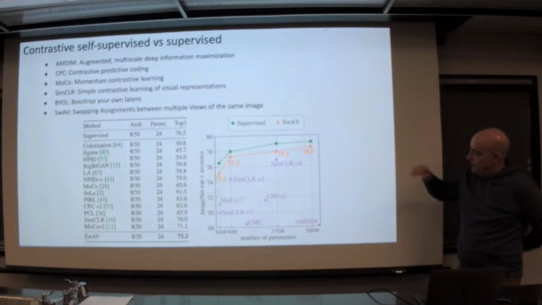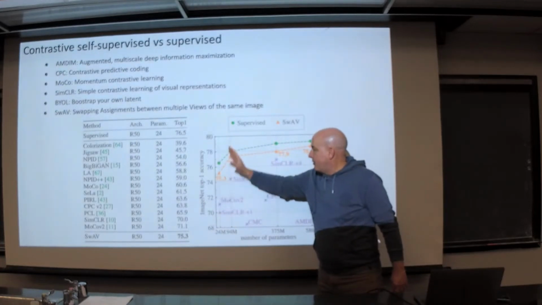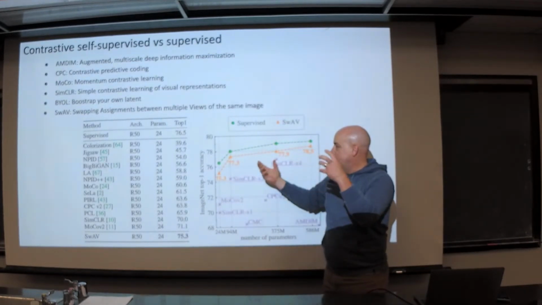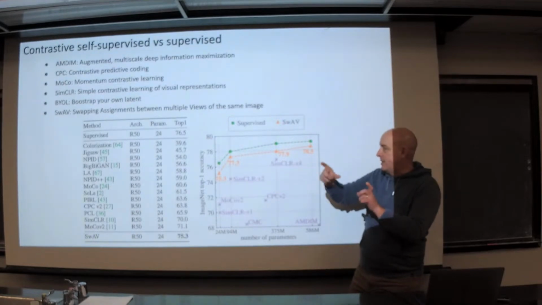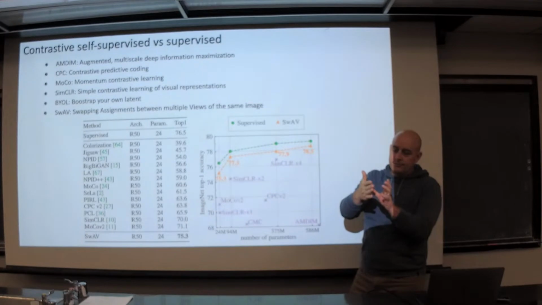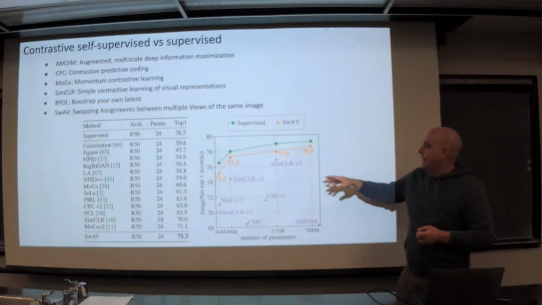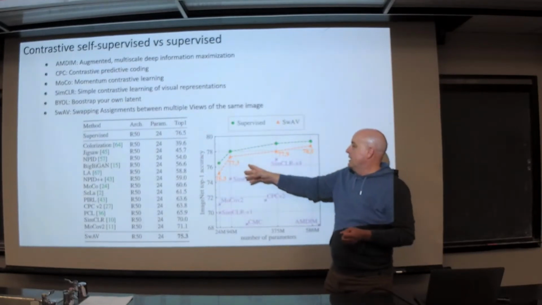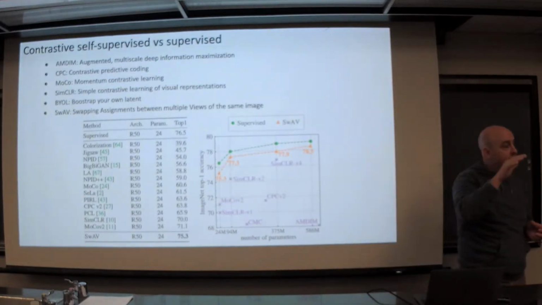And what has been found is that the best versions of these kinds of models, which are just taking two crops of the same image and calling those positive pairs, and taking crops from different images and calling those negative pairs, learn representations where, when you put a very simple linear classifier on top, so literally just a linear layer to transform your embedding into scores and then a softmax, equivalent to a logistic regression, the performance of those classifiers on those features is almost at the level of the best supervised classifiers.